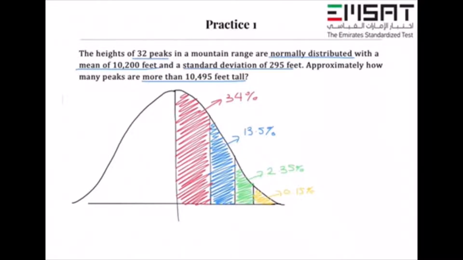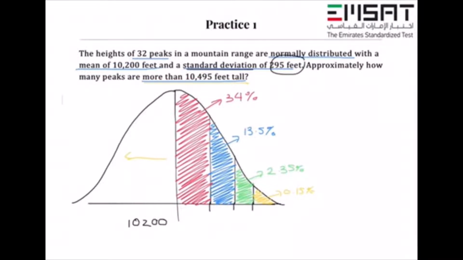As you can see here, I have only done the right side of the graph because it's asking only for more than 10,495. It's not asking for what's below. Here our mean is 10,200. So we need to add 295, which is our standard deviation, for each of the sections right here.